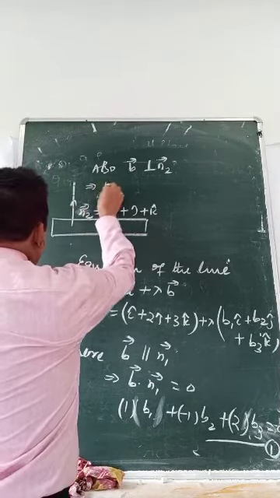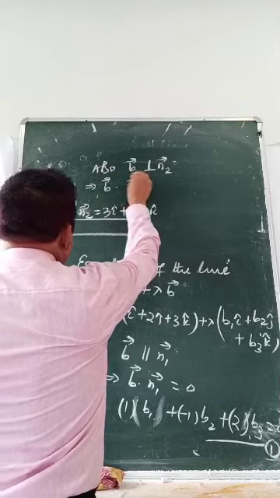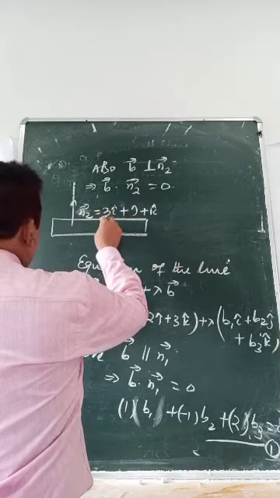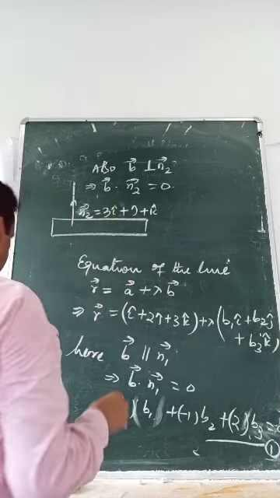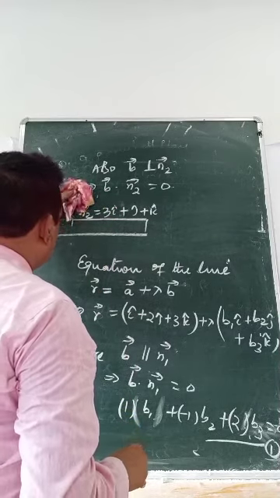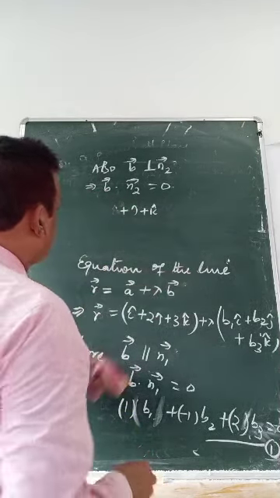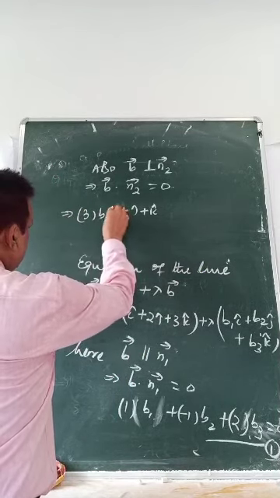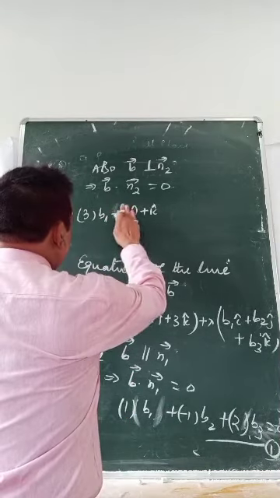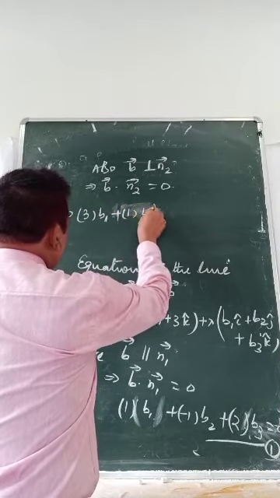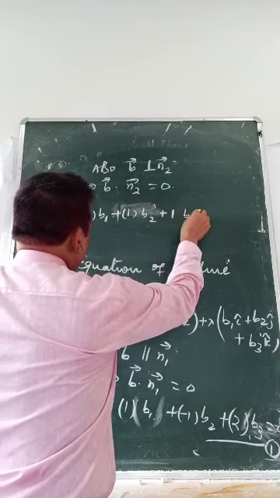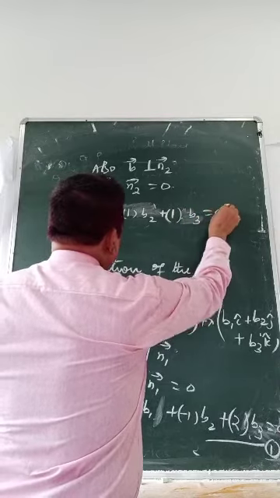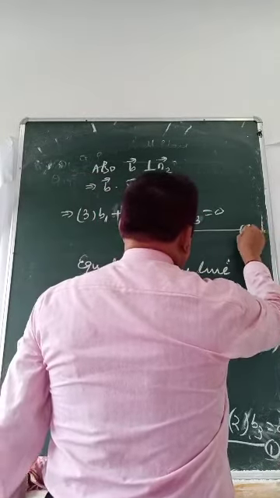So how much do you get? 3b1 plus 1b2 plus 1b3 equals 0. This is equation number 2.